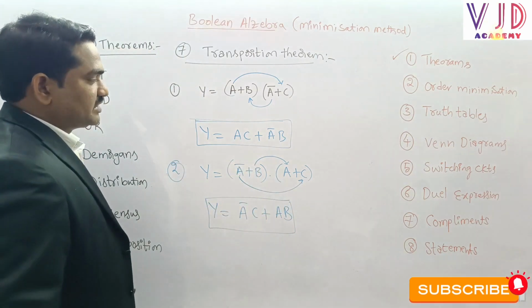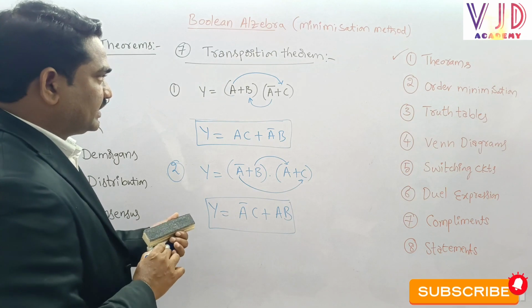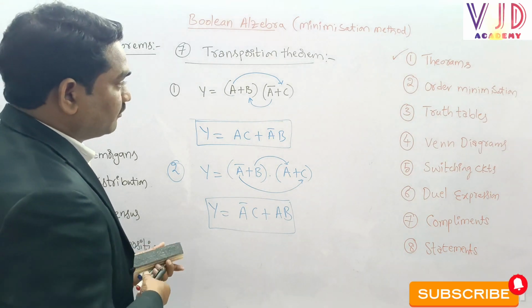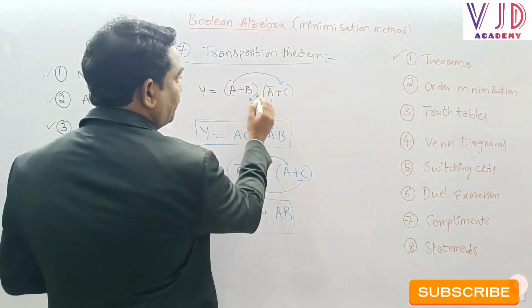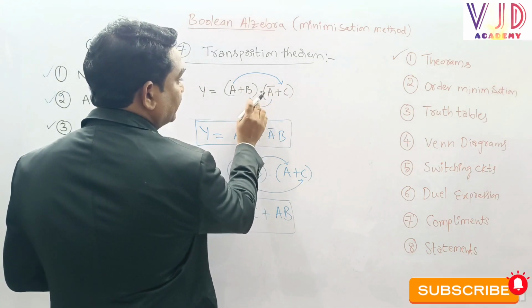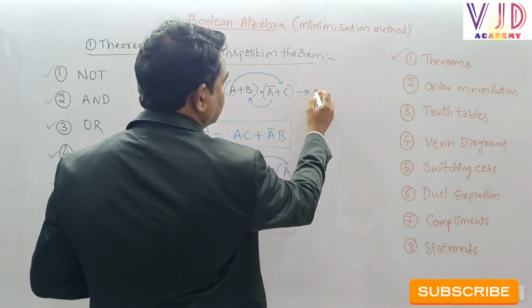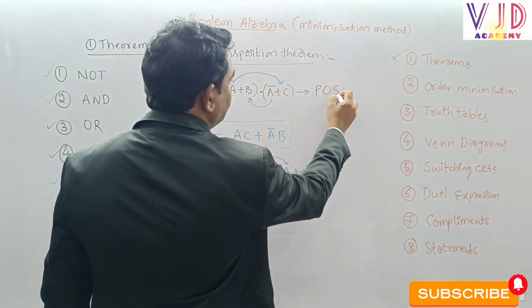From this transposition theorem we can also understand that the given logical expression is in the form of POS, we can say product of sum. Here this is a product and these two are sums. We can say the given logical expression is in the form of POS.